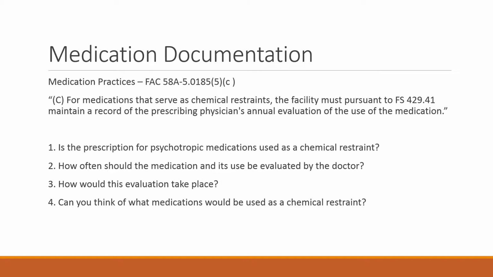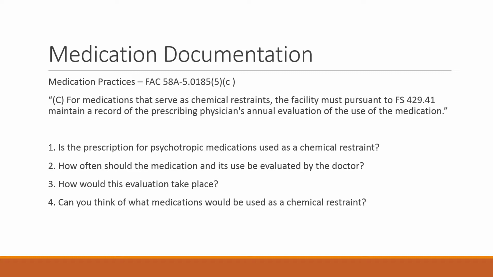And so the prescription for the psychotropic medication is generally not used as a chemical restraint. It's used to treat the symptoms associated with their psychiatric condition. Now, let's say in a senior living facility, the use of psychotropic medication could in fact be considered a chemical restraint, in which case this section would require you to do what? You would have to maintain a record of the prescribing physician's annual evaluation and use of that medication.